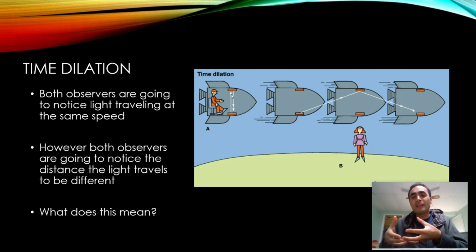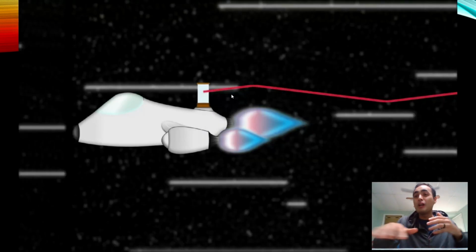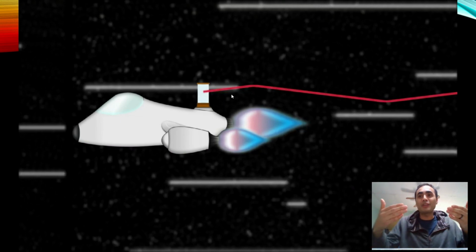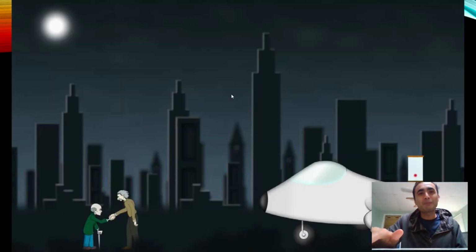When they landed, they noticed that their atomic clock was behind the one belonging to the person on Earth who did not travel. So it shows that the faster you're going, the slower time is for you, which is extremely strange. The faster and faster you go, the slower time is for you. It's kind of interesting.